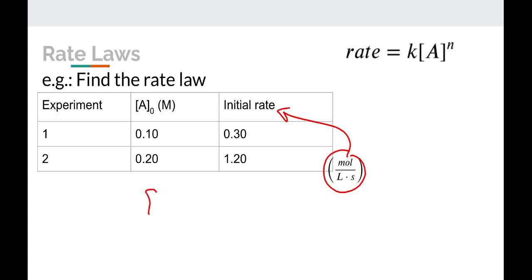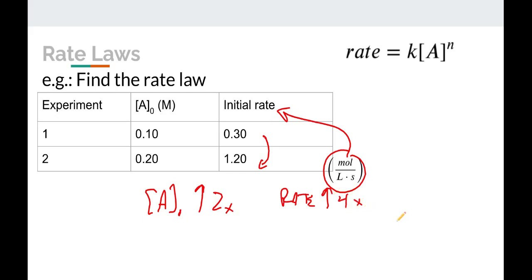The concentration of A naught, the starting concentration of A, went up by 2 times. What happened to the rate? From here to here, the rate went up by 4 times because 1.2 is 4 times 0.3. So rate went up by 4 times.